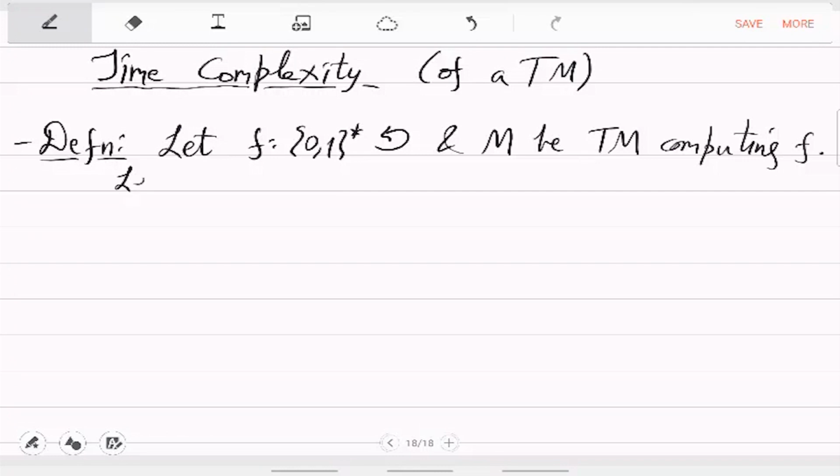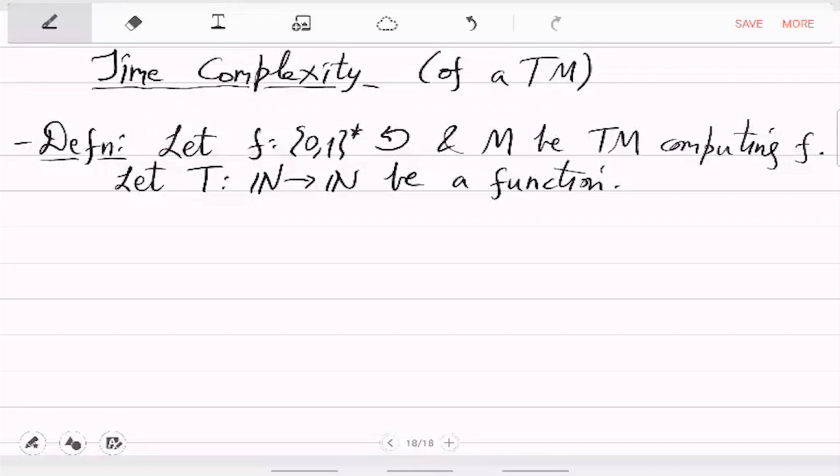Let T be a function. So F is what you want to compute, you compute it by Turing machine M, and T is the function that I will use to denote time complexity.